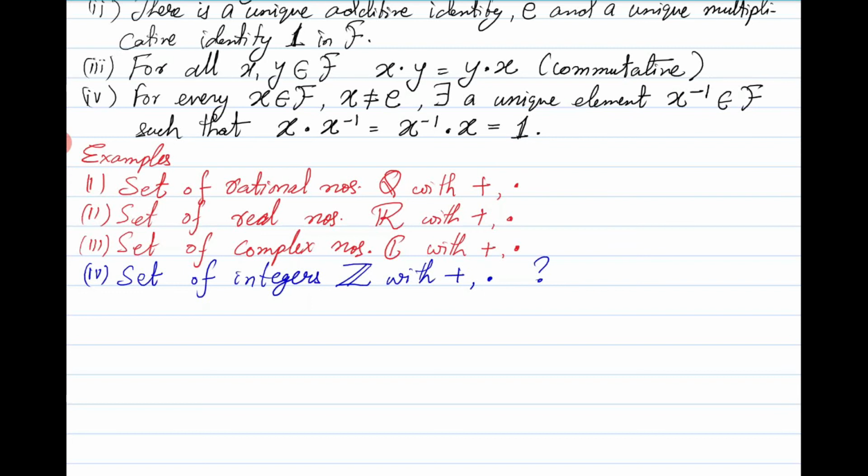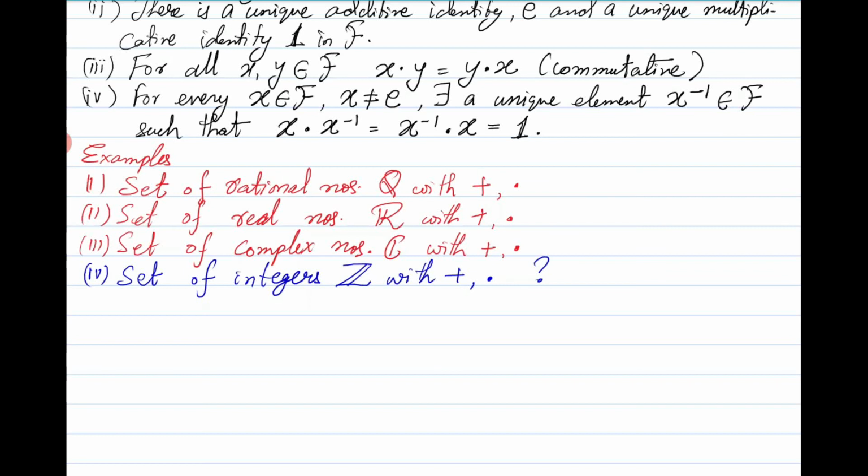So the fourth property listed here says that the unique inverse element should also belong to the same set. In this case, the integer 2 belongs to the set Z, but 1 by 2 is not an integer and hence does not belong to the set Z. So there is at least one element for which you can show that there is no multiplicative inverse.